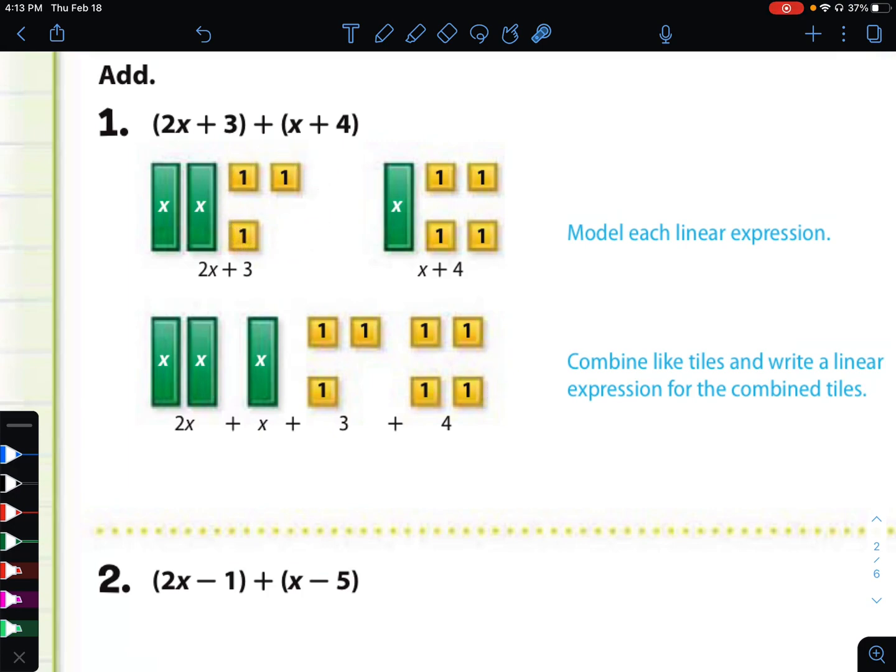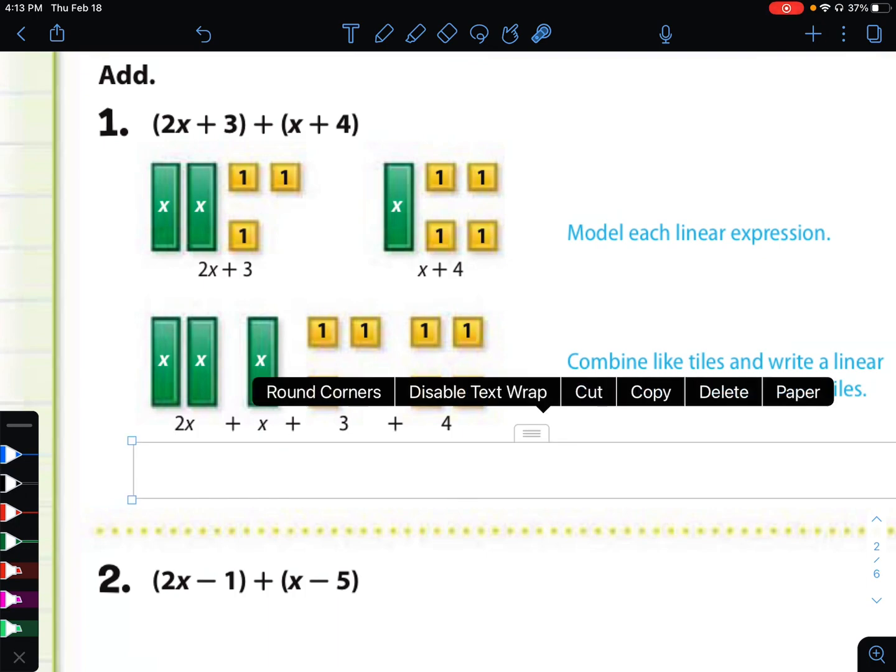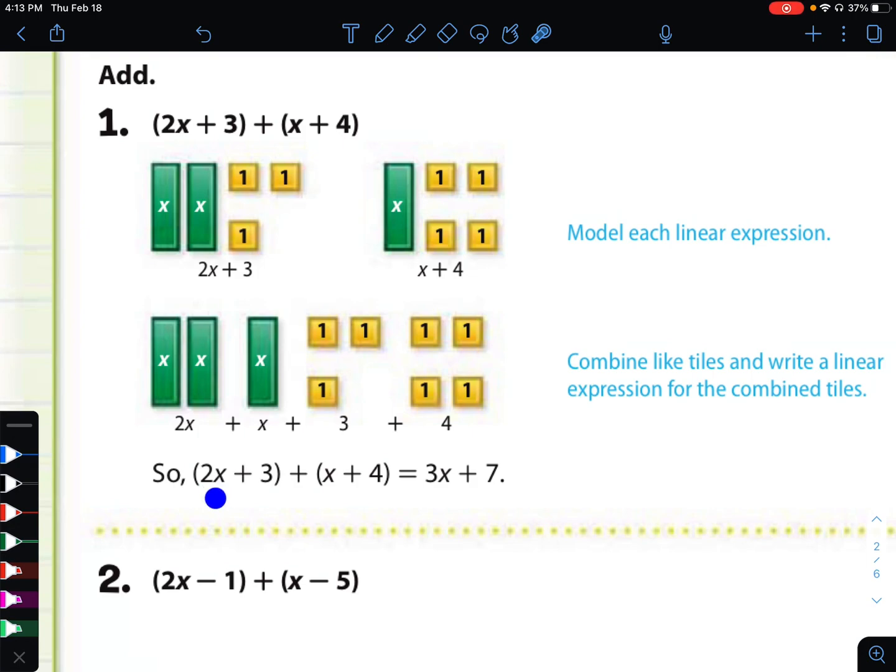This is your 3, and that's your 4. So if I have 2x plus x, I add them together, they make 3x. So 2x plus 3 plus x plus 4 is equal to 3x plus 7.